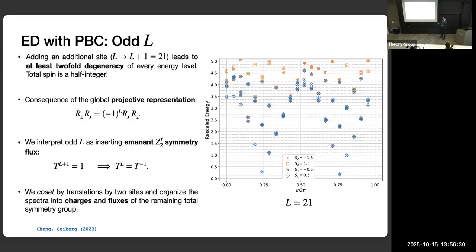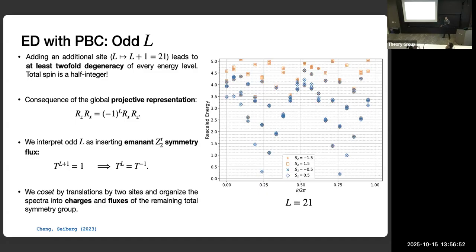And whenever you have an odd number of sites, we want to interpret this as a twist of this internal symmetry at the low energy degrees of freedom. So I want to coset by translation by 2 sites and organize the entire spectra in terms of charges and fluxes. When I say charges, I mean the representations and fluxes of the remaining total symmetry group.